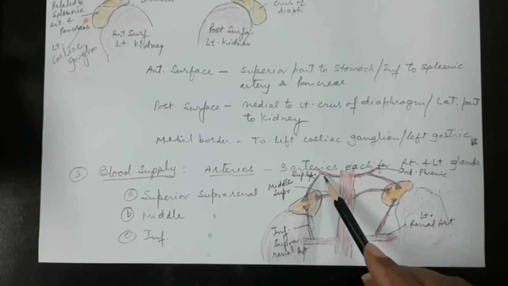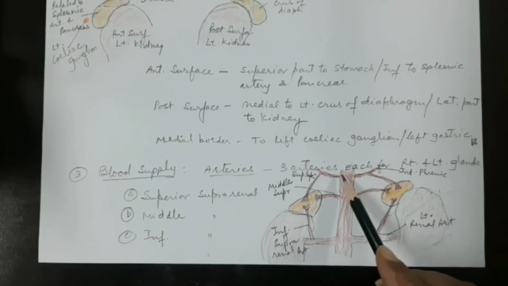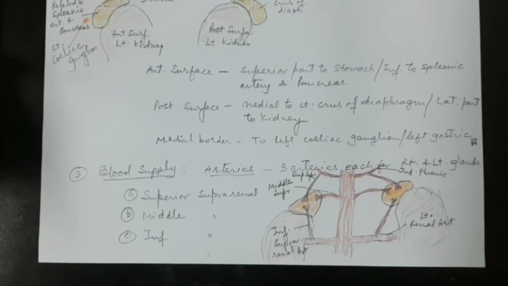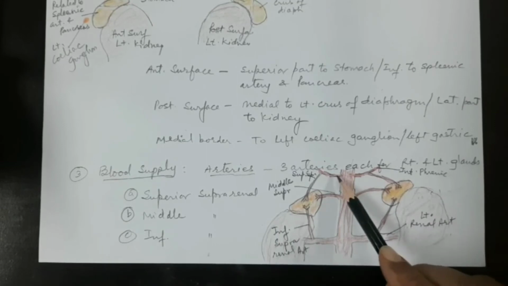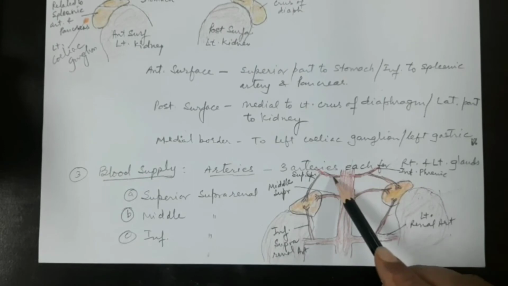See here, this is the artery which takes origin from the abdominal aorta as soon as it comes out through the aortic opening, just deep to the median arcuate ligament of the diaphragm. Then this is the first branch, given as a paired branch from the lateral side, the inferior phrenic artery.